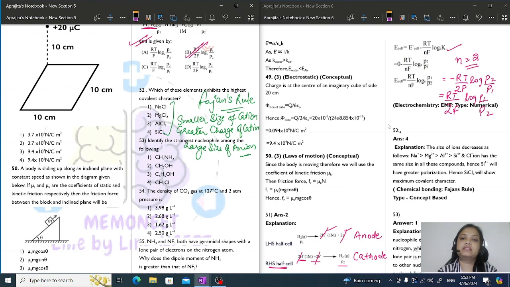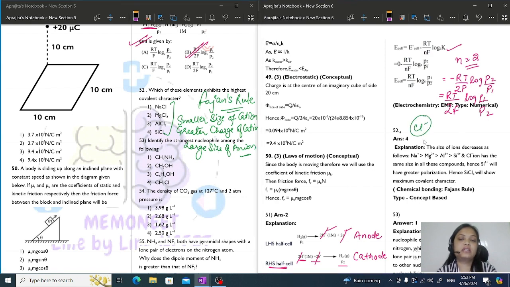Now here we can see the anion is chloride in all the cases. The cations are Na plus, Mg2 plus, Al3 plus and Si4 plus. We know that as the charge increases, the size becomes less and less because there will be more nuclear charge. So here Si4 plus will have the smallest size and the greatest charge, plus 4.